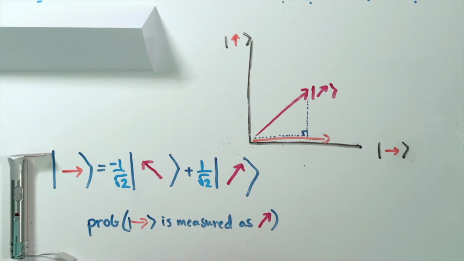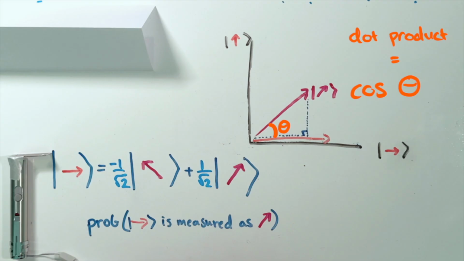Now, the dot product is a way of measuring how perpendicular or not perpendicular two vectors are. And if this sounds familiar, it's because we've basically been doing it all this time. The simple way to take the dot product between two vectors is to look at the angle between them, and then take cos of that angle.